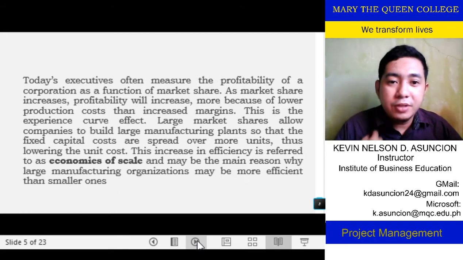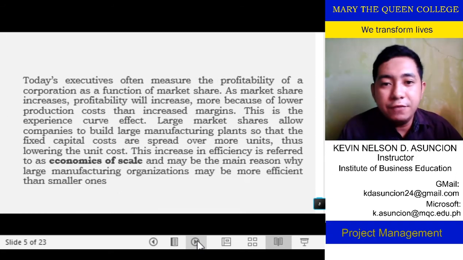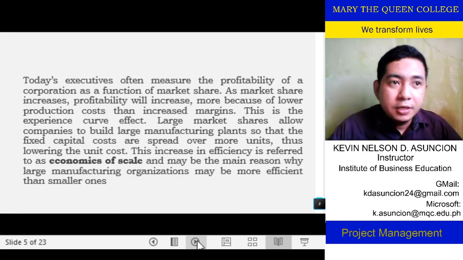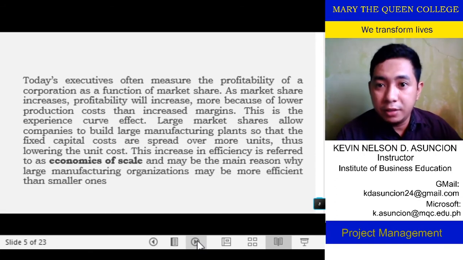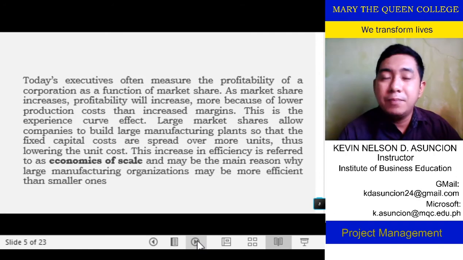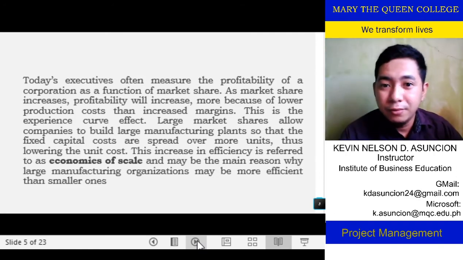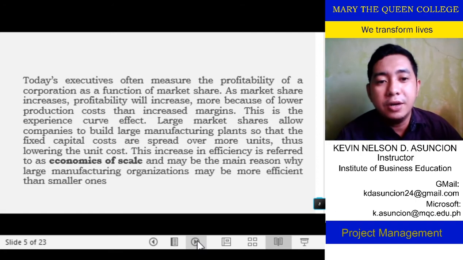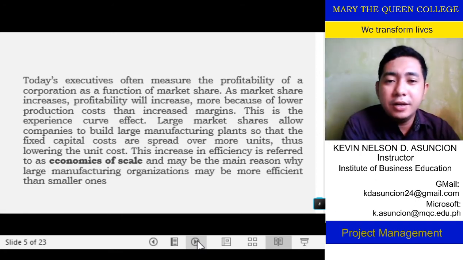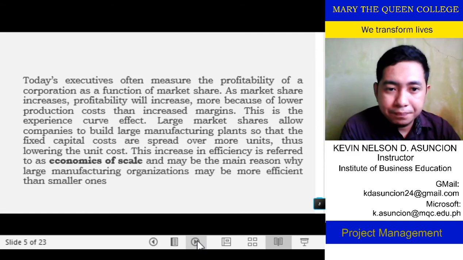Okay? So, today's executives often measure the profitability of a corporation as a function of market share. Let me talk about this. Frequently that profitability always talks about yung mas maraming kita, more revenues, no? O nga naman, pag mas maraming kita, mas maraming tubo. Okay? But many markets should try to do the learning curve. What does that learning curve help?